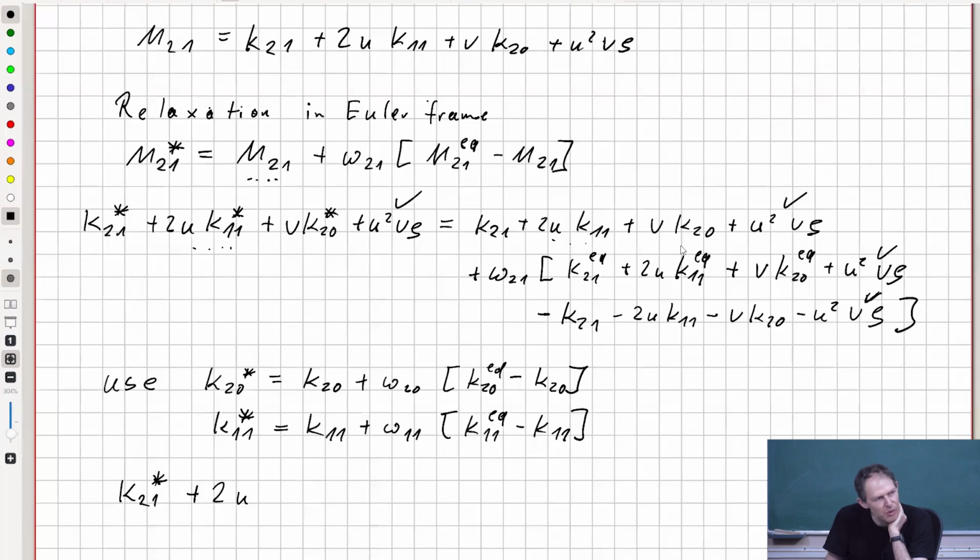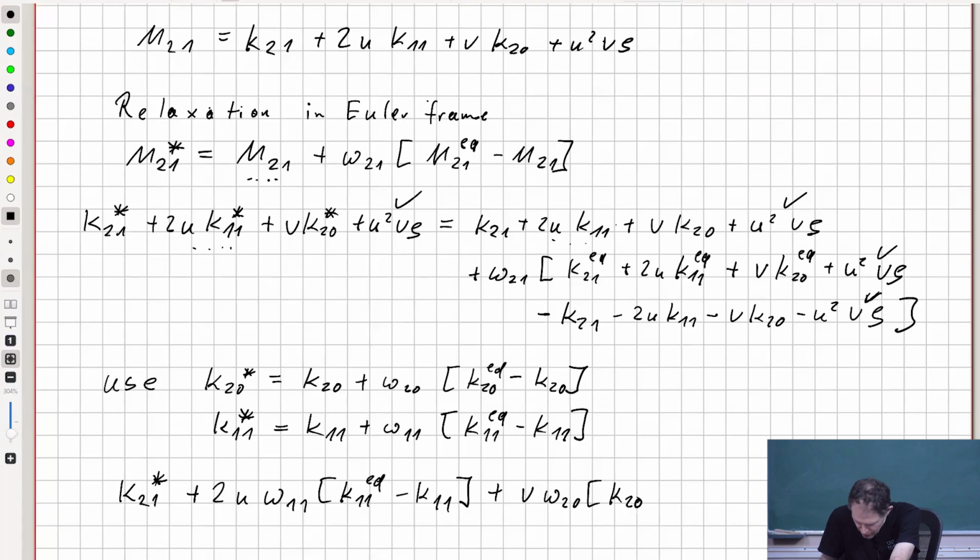On the other side, we have the pre-collision state, so I already eliminate this here against that here, in order not to write too much. What is always left is the second part, this u. This is 1 1. So K11 equilibrium minus K11 before the collision is left, plus v omega 2 0 times K20 equilibrium minus K20.